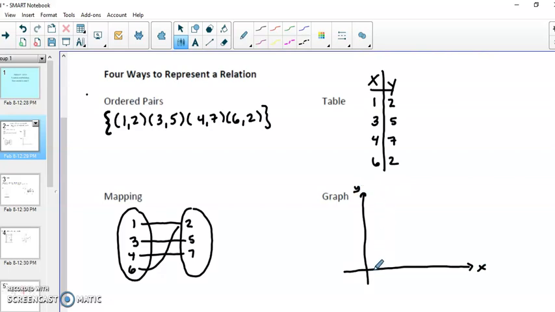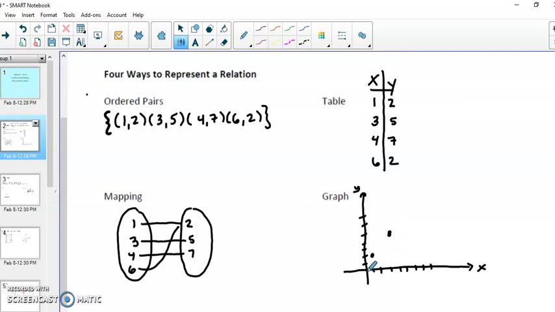And I'm going to go ahead and mark some tick marks down here. 1 comma 2, and I did go ahead and write X and Y. 1 comma 2 means 1 to the right and 2 up. 3, 5: 3 to the right, and 5 up. Let's see if I can count this. 1, 2, 3, 4, and 5.